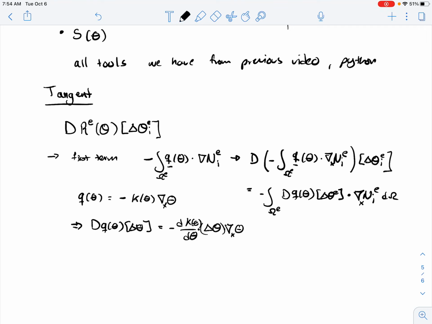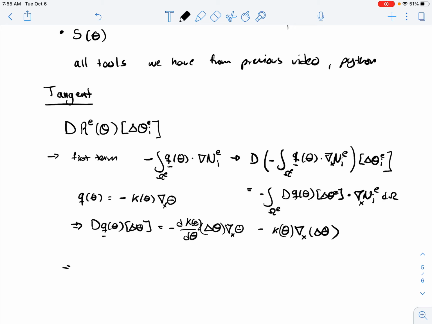And then minus K of theta, and the linearization of the gradient of theta is actually the gradient of the increment. So the linearization of Q in the direction of the increment is the derivative of K with respect to theta times the increment times the gradient of theta, minus K of theta times the gradient of the increment.